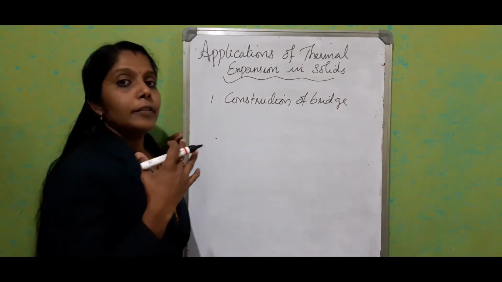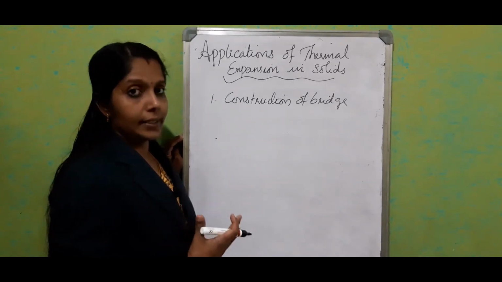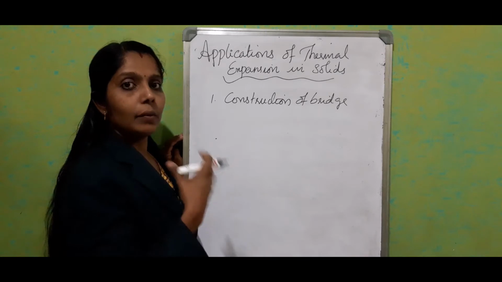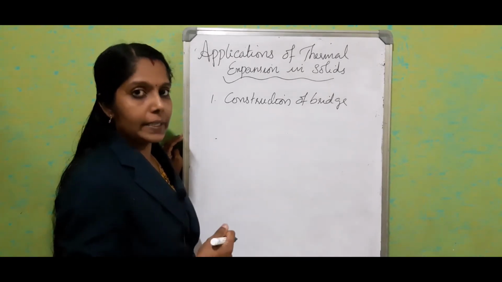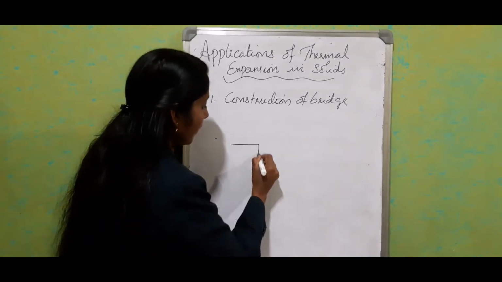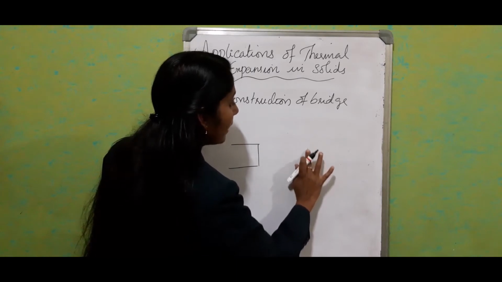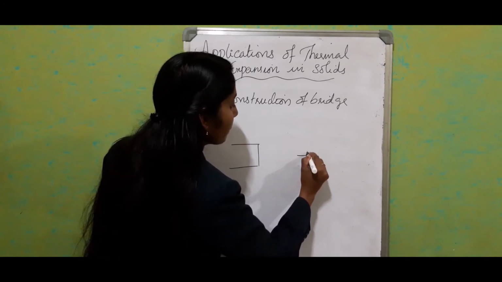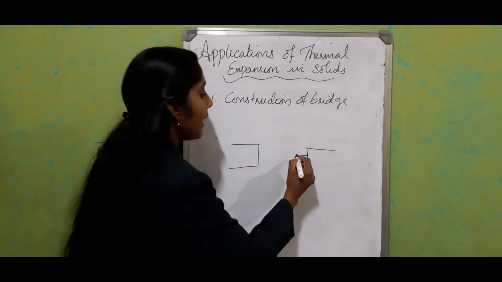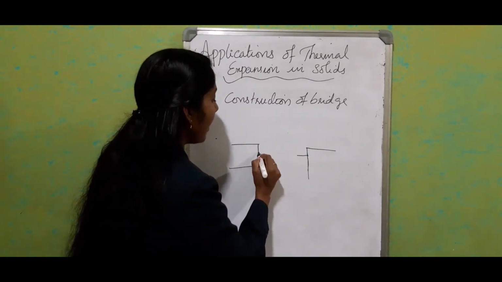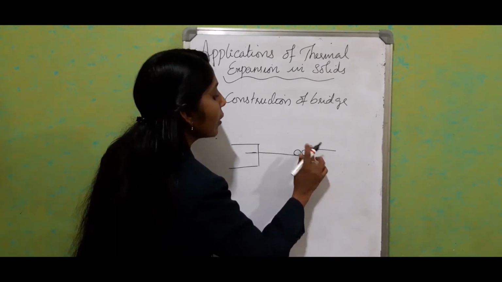For the construction of a bridge, we always use steel girders. Why do we use steel girders? To give strength to the bridge. If we look at the bridge, one end is connected or fixed to a pillar, and the other end is provided with some rollers.